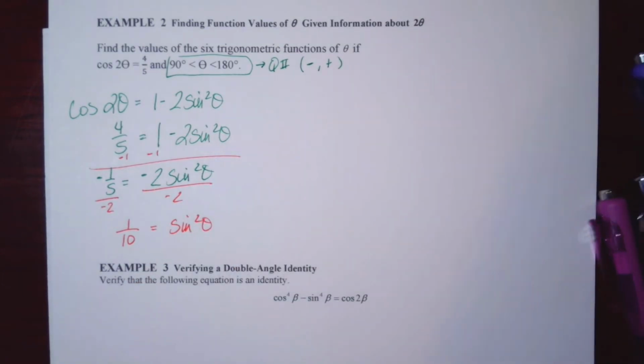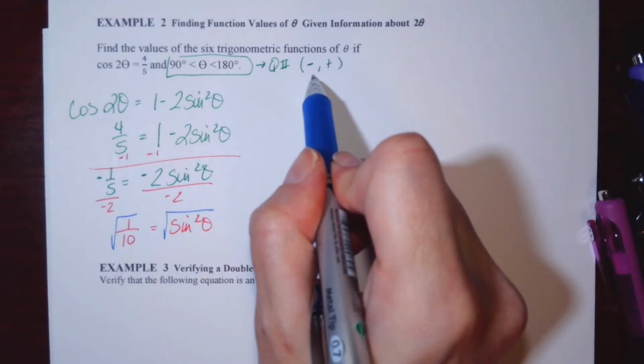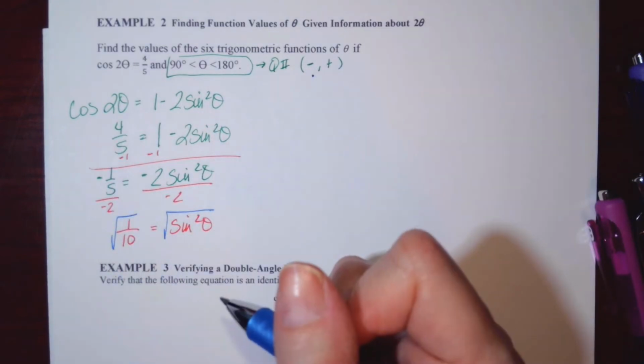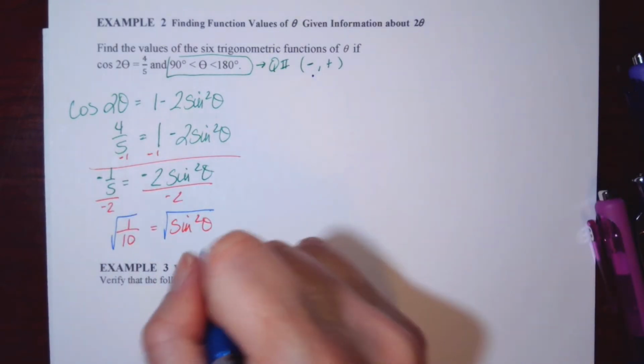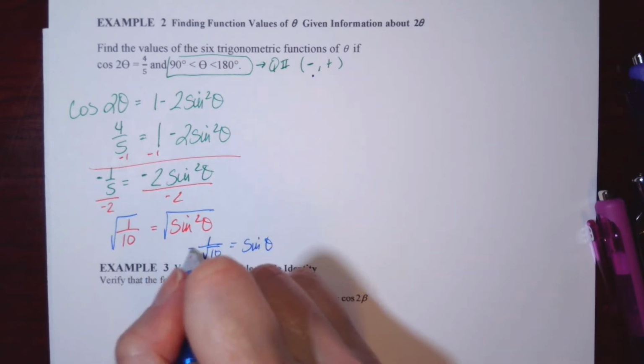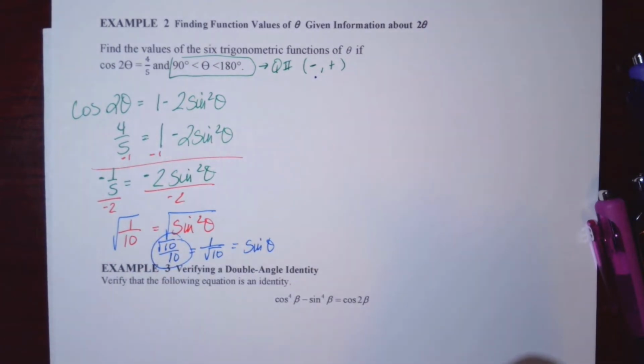Take the square root of both sides to solve, and I know that I'm in quadrant 2, so that sine is going to be positive, which gives me, square root of 1 is just 1, so 1 over square root 10 is sine theta. Need to rationalize, and I get square root 10 over 10. So that's my value of sine.